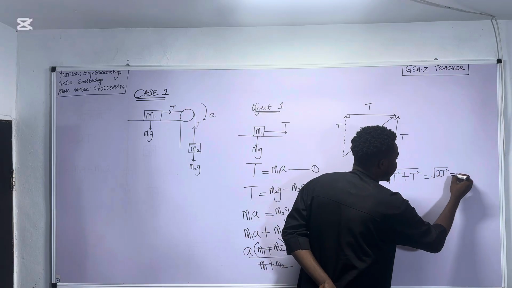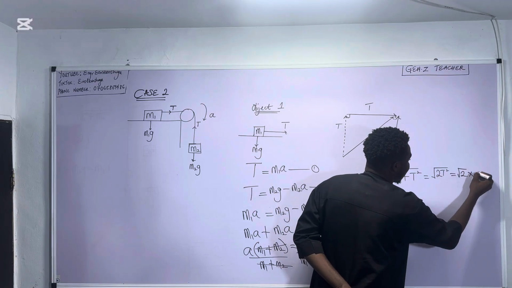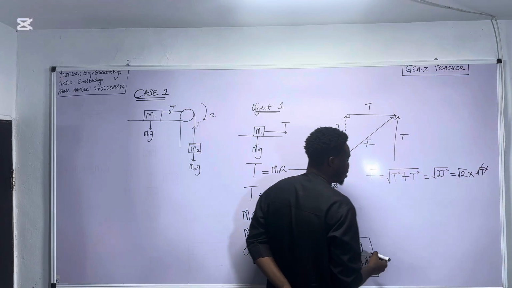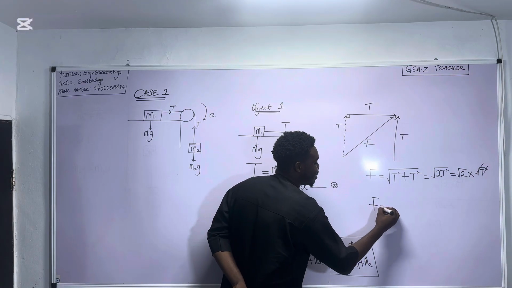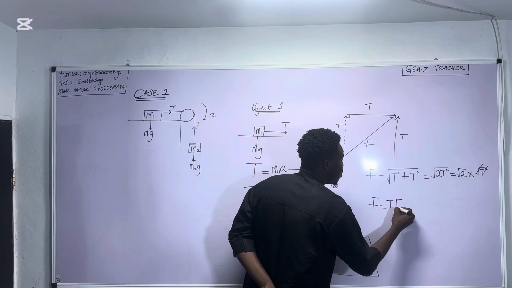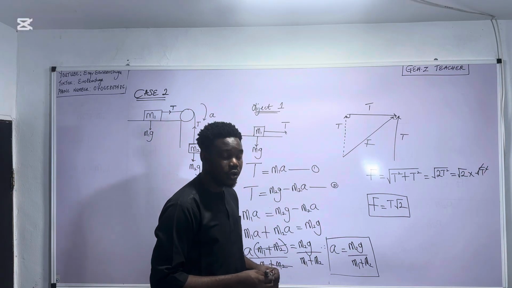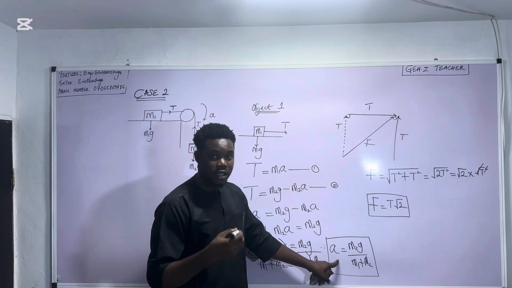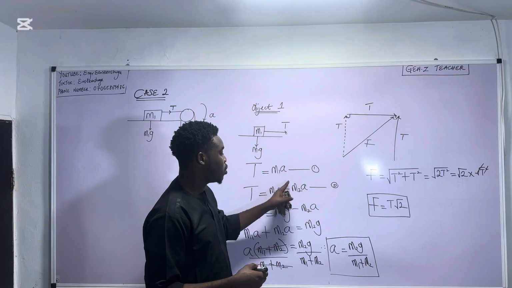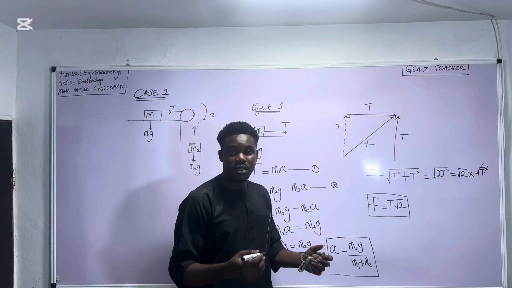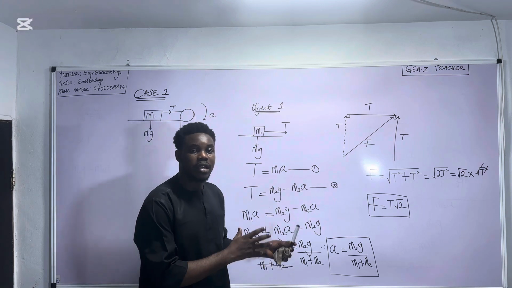So we have square root of 2 times square root of T squared. The square root cancels the square. Therefore, the force in case 2 becomes T root 2. Remember, the acceleration is given here, the tension can be gotten from either equation 1 or 2, and the force is T root 2. This is all about case 2.